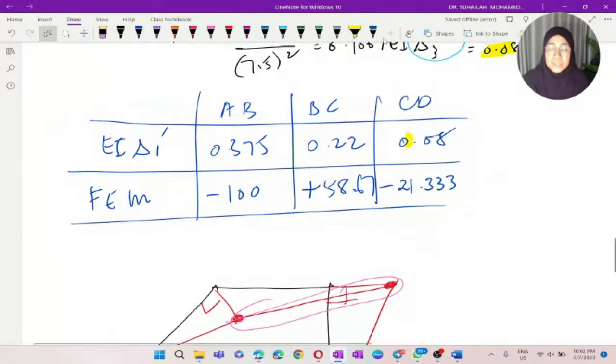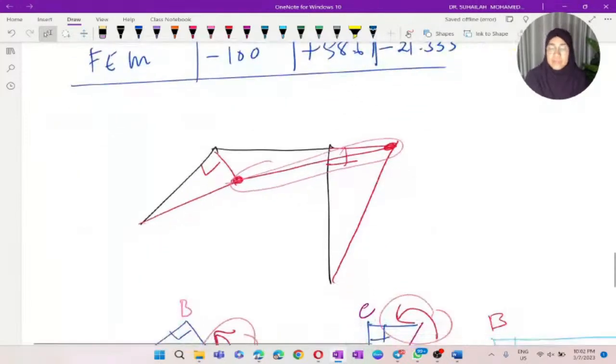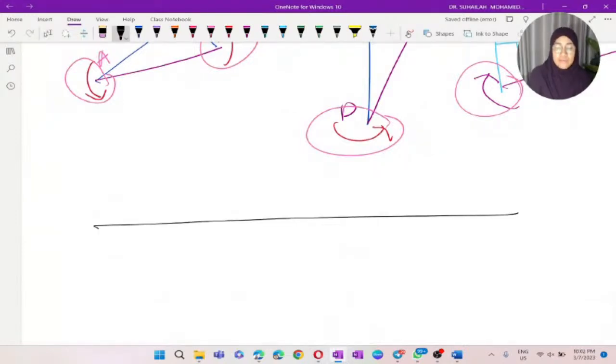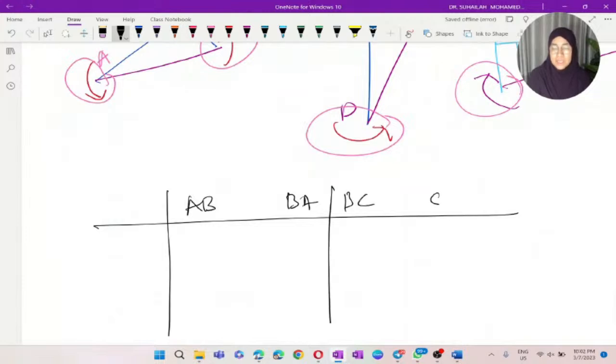Okay, so this is the value in the table. So we again have table number 2. So this is AB, BA, BC, CB, and CD, DC.